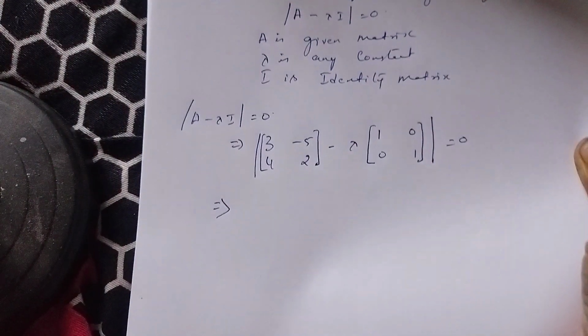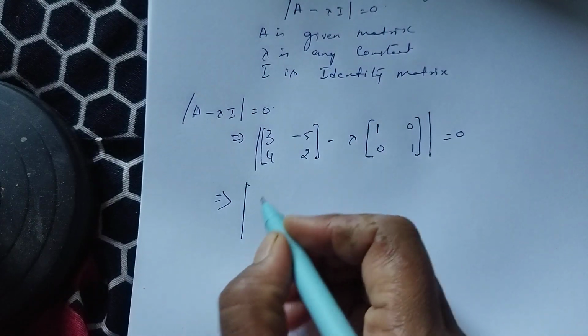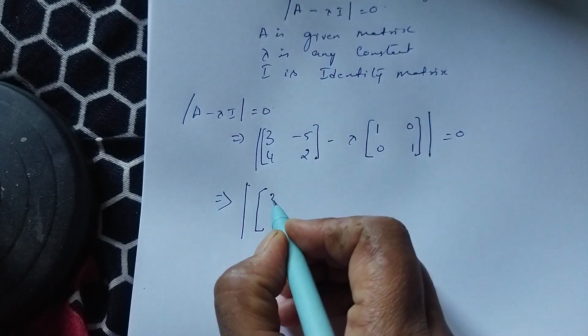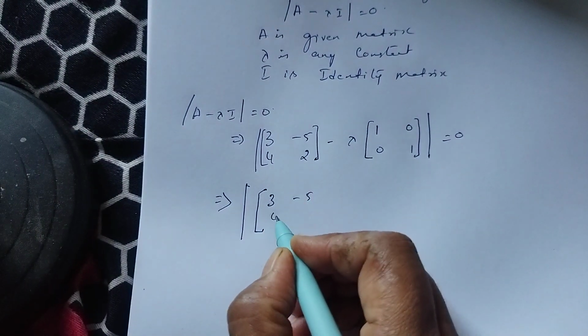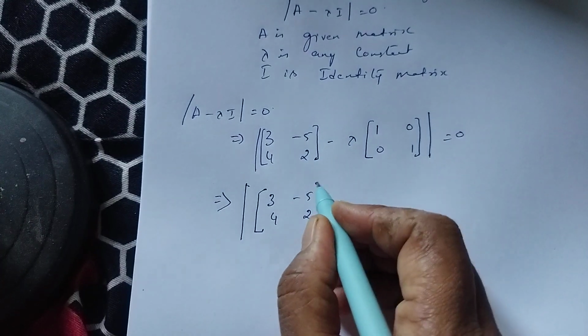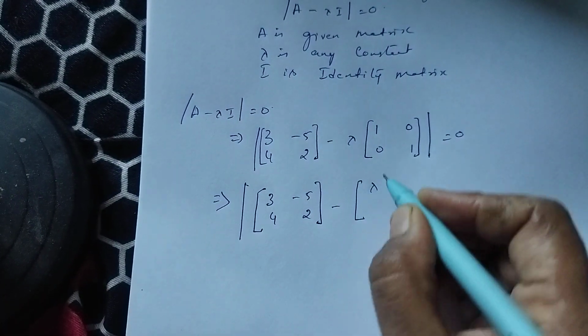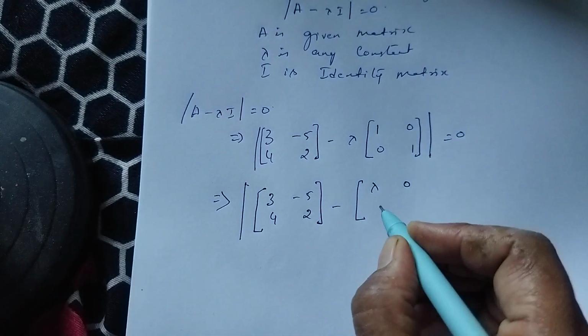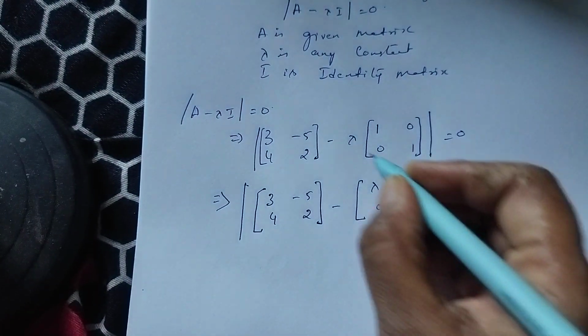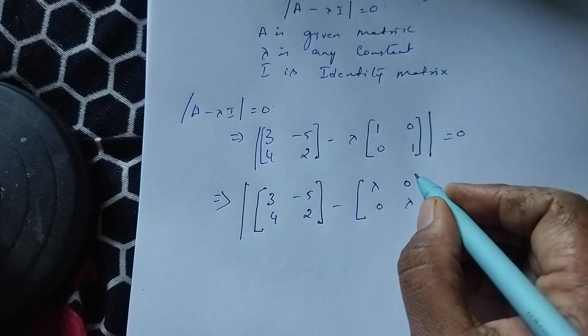This implies we'll write the matrix as it is, [3, -5; 4, 2], and multiply lambda into 1 is lambda, lambda into 0 is 0, lambda into 0 is 0, lambda into 1 is lambda.